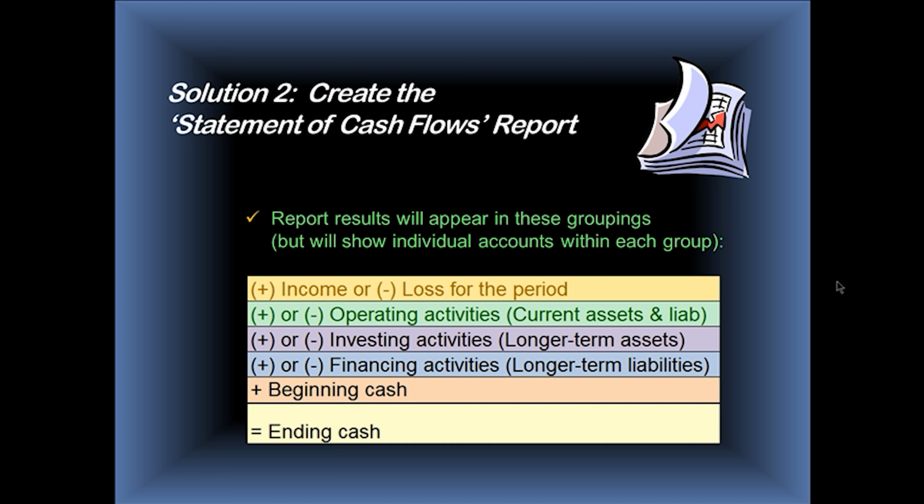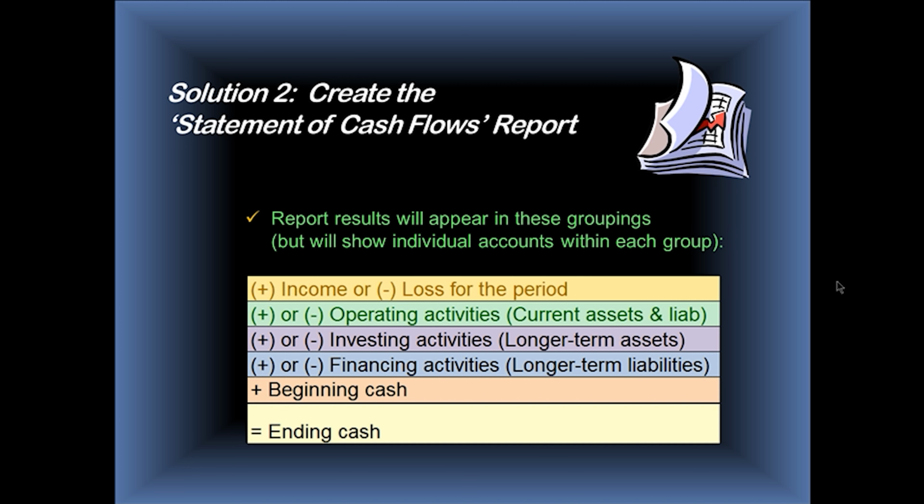So what happens is your report results will appear within these big groups, but you will see the individual accounts within each group. It starts out with the income or the loss as positive or negative for the accounting period that you're looking at, and then it will add or subtract activities that relate to your operations. And the accounts that it's going to look at in this particular area, without any modification on your side, are current assets and liabilities.